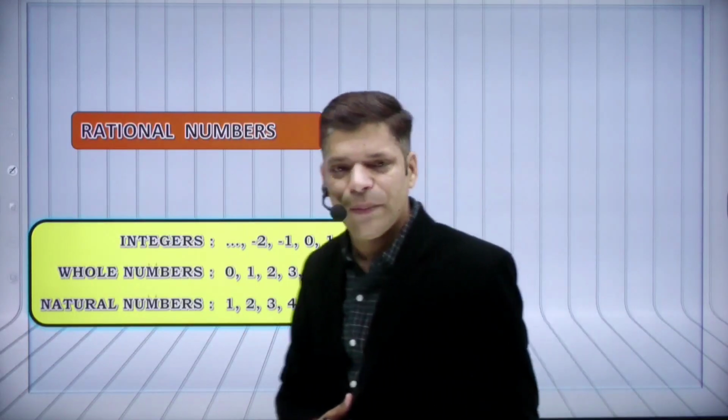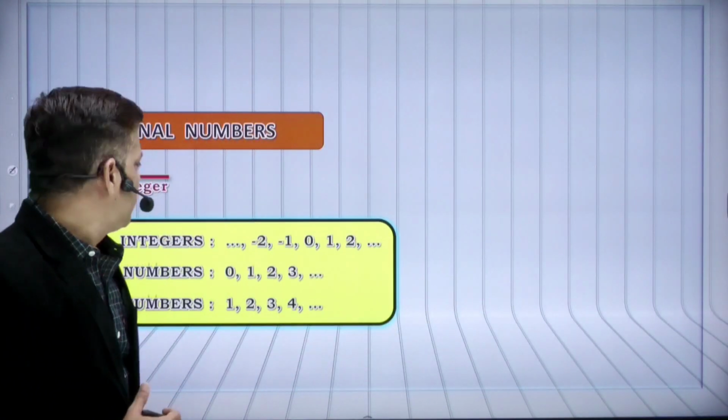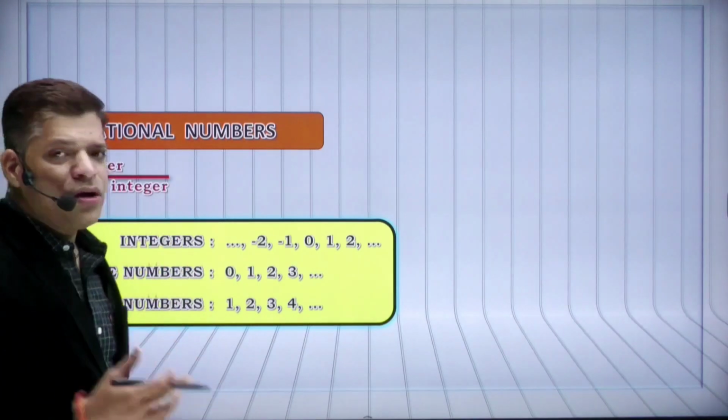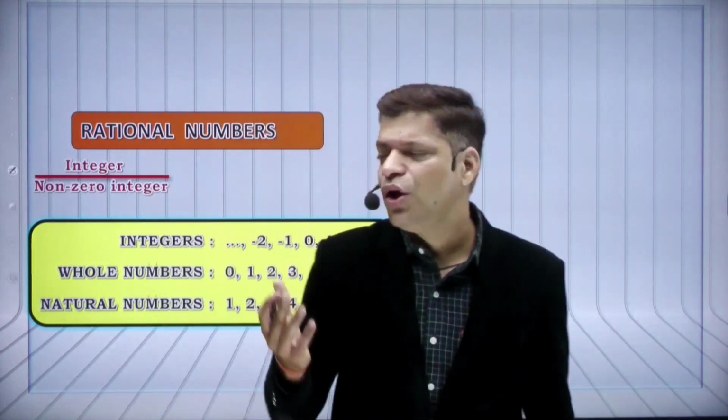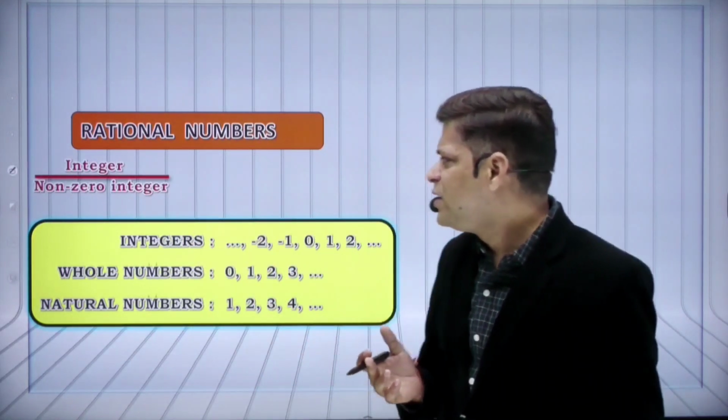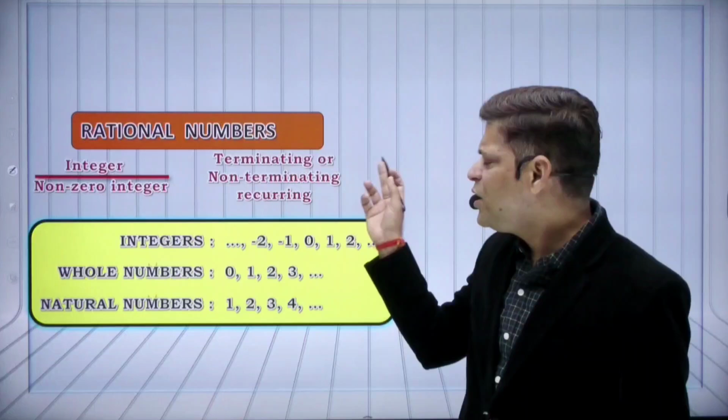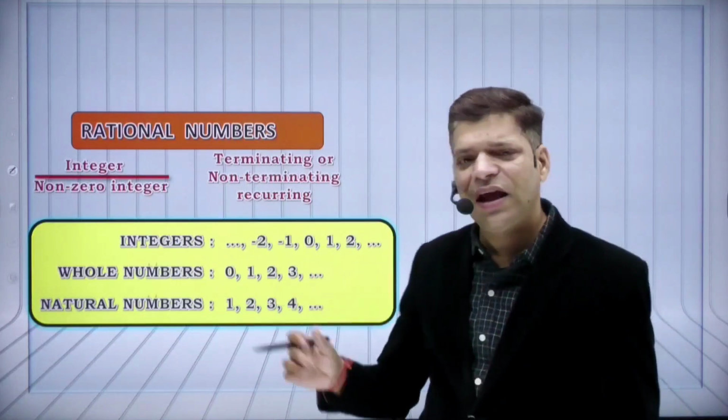In the same way, we can define a rational number as an integer upon a non-zero integer, that is, p by q, whose decimal form is terminating or non-terminating recurring.